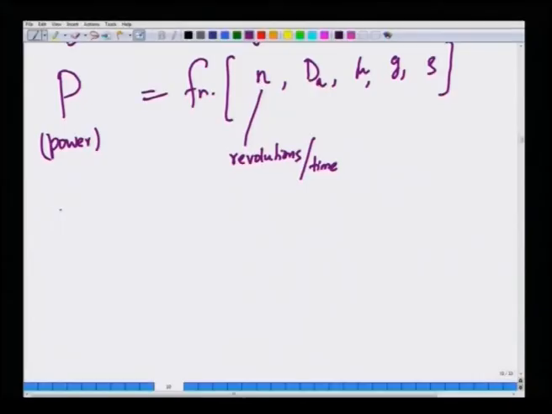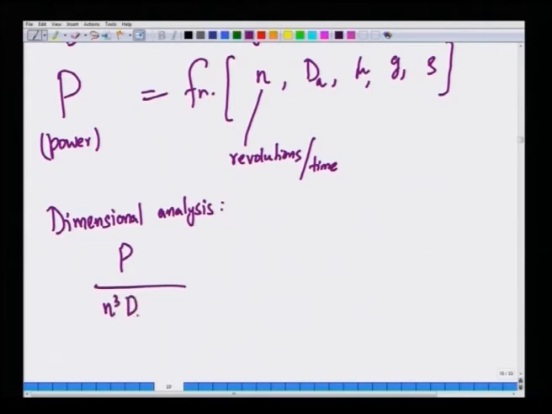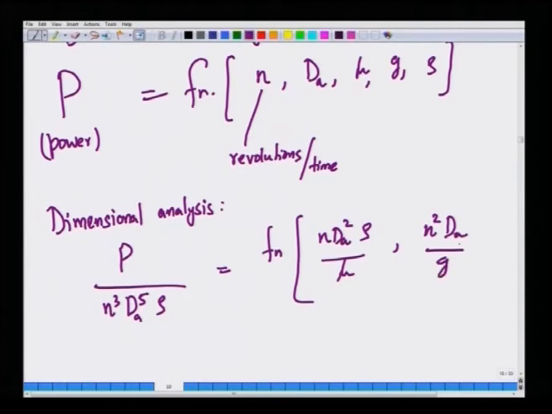So, if you do dimensional analysis by using the standard recipe that I have mentioned before in this class, we will get phi rho is a function of n dA squared rho by mu times n squared dA by g.